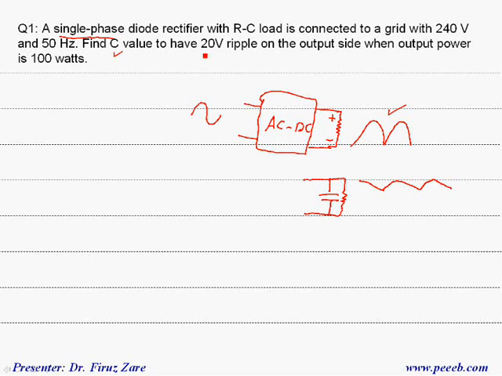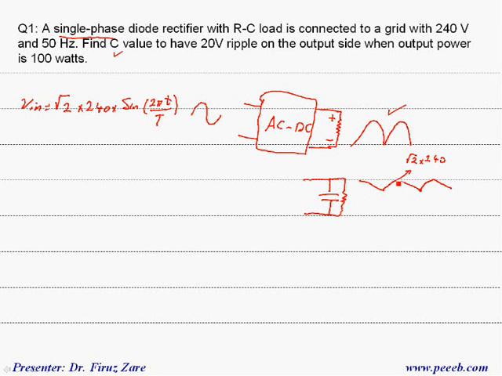When the input voltage is root of 2 times 240 times sine 2 pi t over T, that means this peak value is root of 2 times 240.